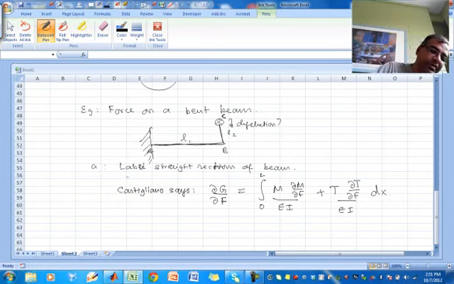Okay. So, I label the straight sections of the beam.